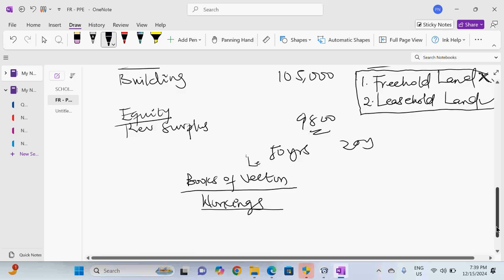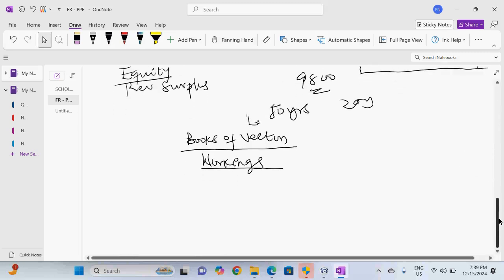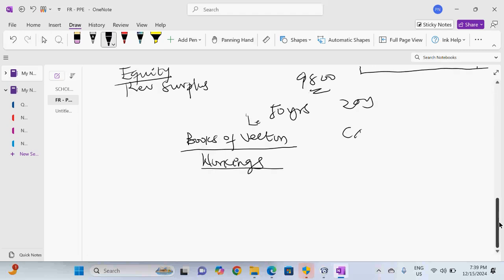What will be the carrying amount? How do we get the carrying amount? Carrying amount is cost less depreciation, right?